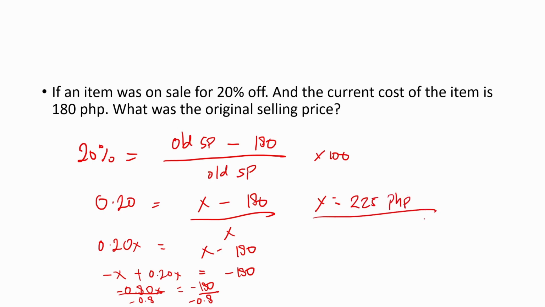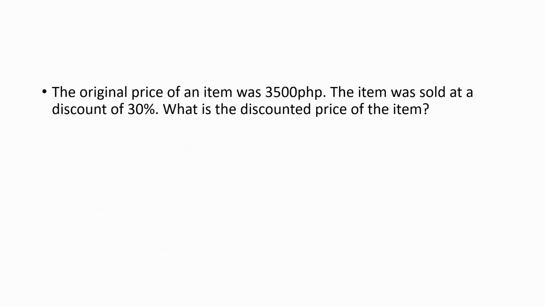Okay. So as you noticed, most of these problems are just based on algebra. The original price of an item was 3,500. The item was sold at a discount of 30%. What was the discounted price of the item? So it's 3,500. The formula is simply 1 minus 0.3.